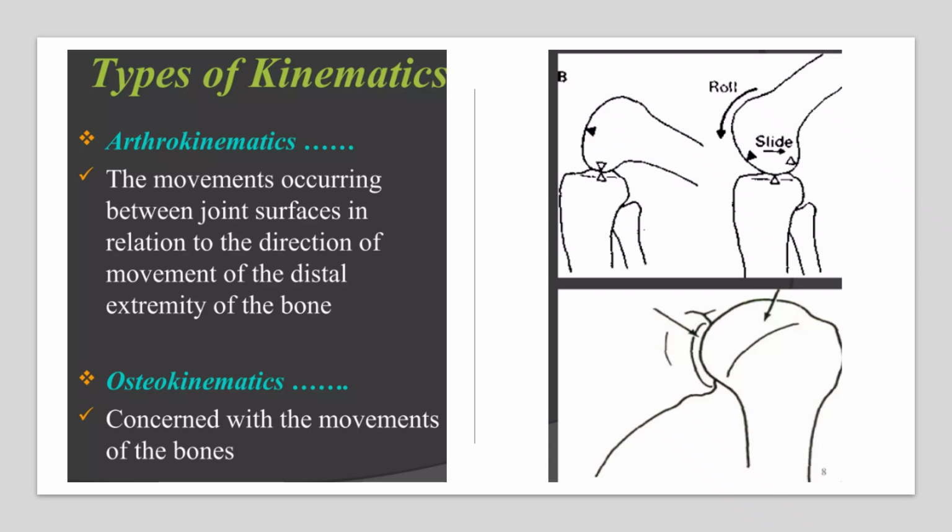Arthro means joint, so arthrokinematics refers to the movement occurring between joint surfaces in relation to the direction of movement of the distal extremity of the bone. While osteokinematics concerns the movements of the bones themselves, as osteo means bones. So these are the movements of the bones.